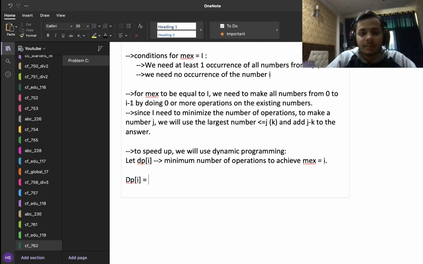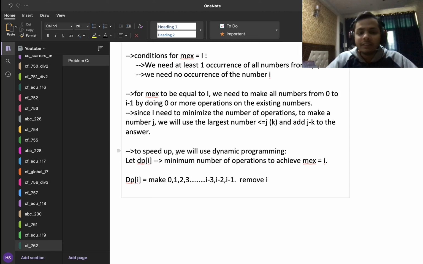In dp of I, what we will do is that we will make 0, 1, 2, 3 up till I minus 3, I minus 2, and I minus 1. This is one step, and then we will remove all occurrences of I, right?